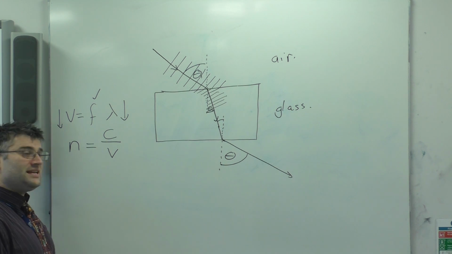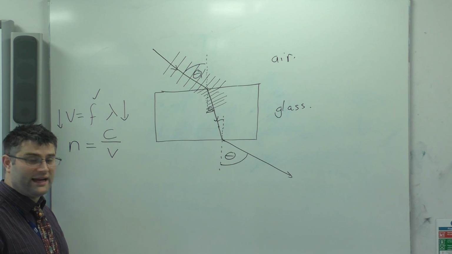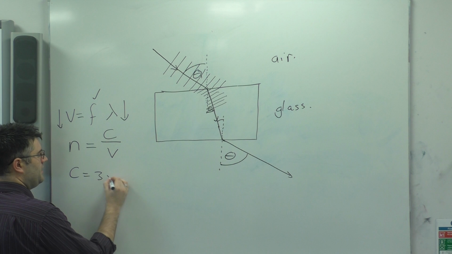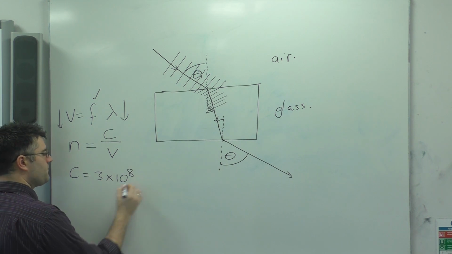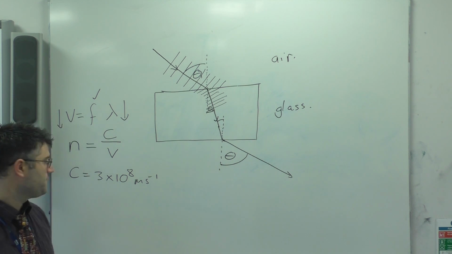Now, c is another constant. It is the constant of the speed of light, and that's 3 times 10 to the 8. So c is equal to 3 times 10 to the 8 meters per second. That's the fastest speed that anything can travel, that's light.